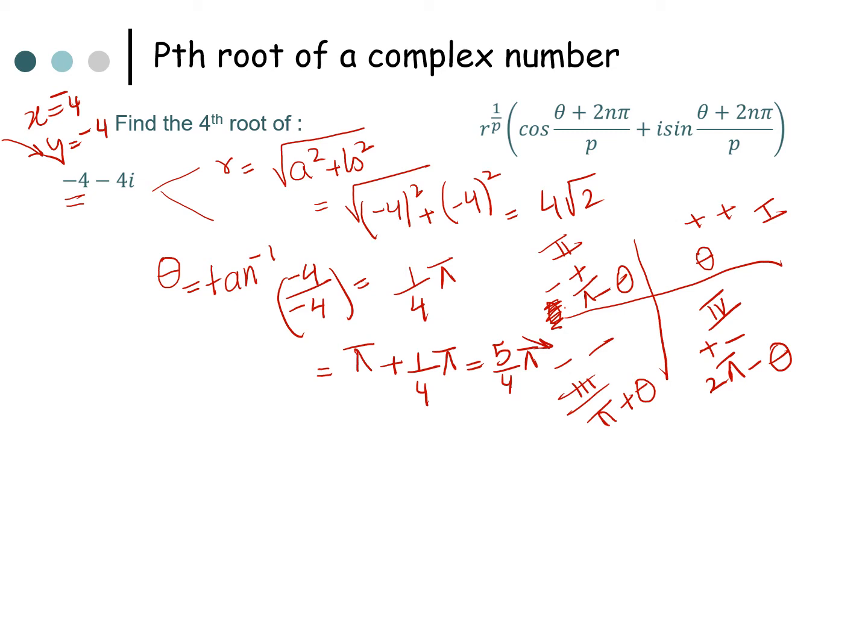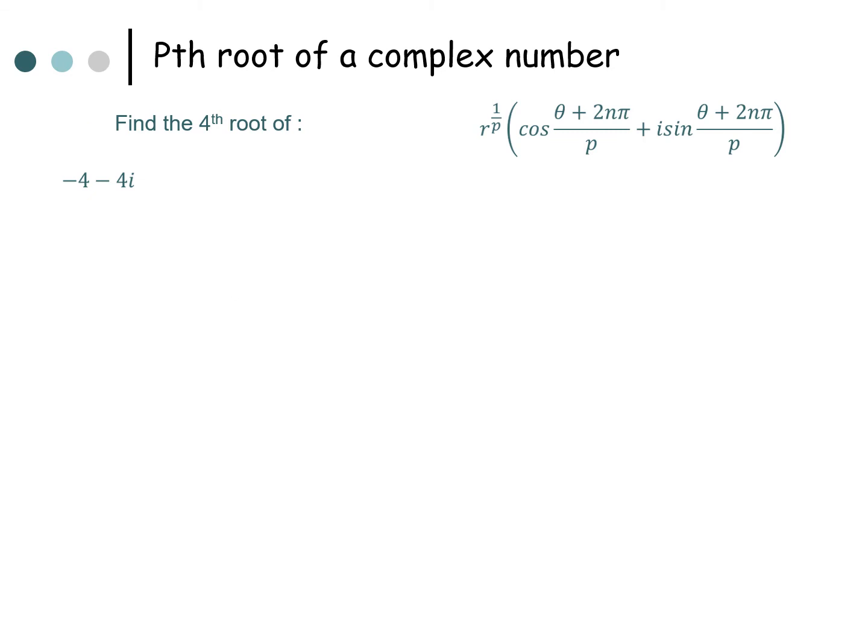Let's erase everything and summarize. Let me take the pointer and write down. Here is what we found: r equals 4 square root 2, and theta equals 5 pi over 4.